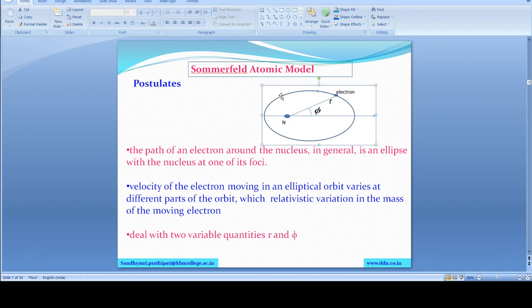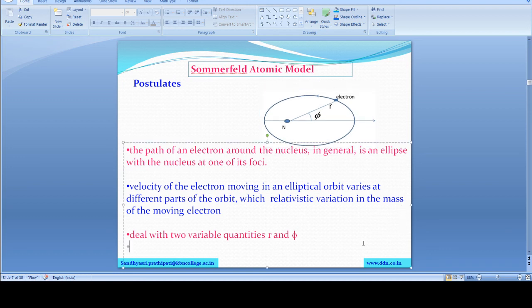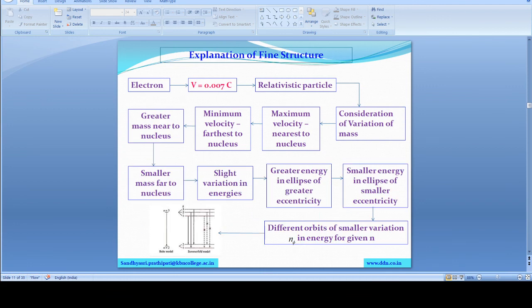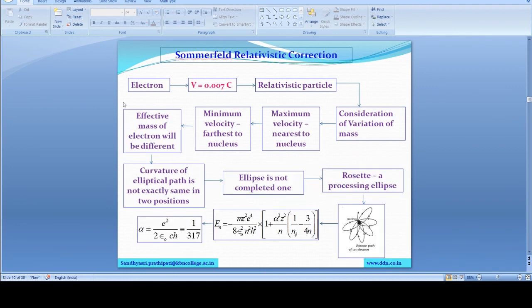Whenever the attractive force is more, the velocity of the electron is also more. Just vice versa here. So at the nearest point, maximum velocity; at the farthest point, minimum velocity.